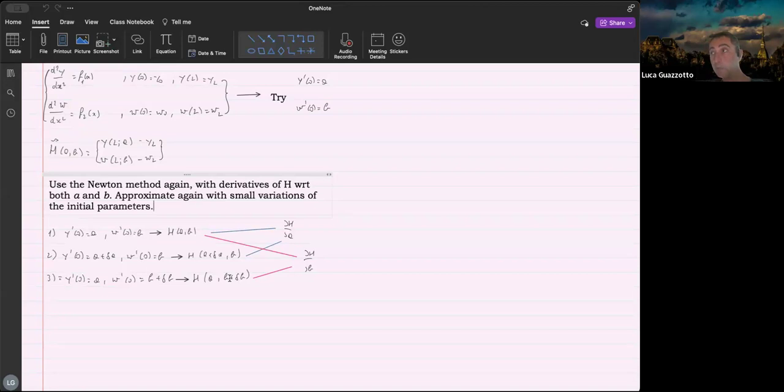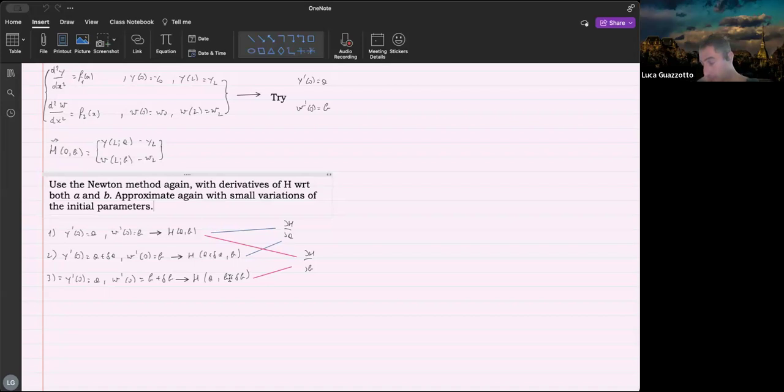If you have a higher order equation, you treat it in the same way. But you may have a different number. I can't think of any physics problem that will look that way, but in principle, you could have a different number of boundary conditions on one side with respect to the other side. And then, needless to say, you start integrating from the side where you have more boundary conditions, so you have fewer parameters to guess.